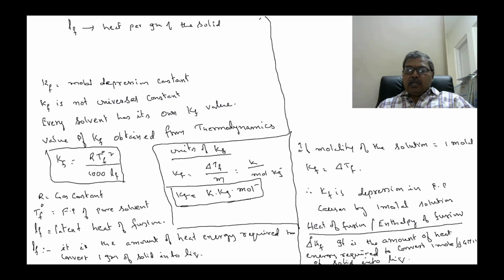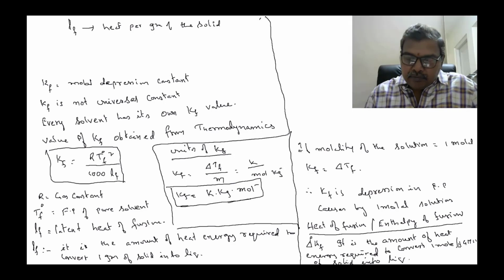This is for 1 gram of the solid. Enthalpy of fusion is the heat energy required per 1 gram molecular weight of the solid.